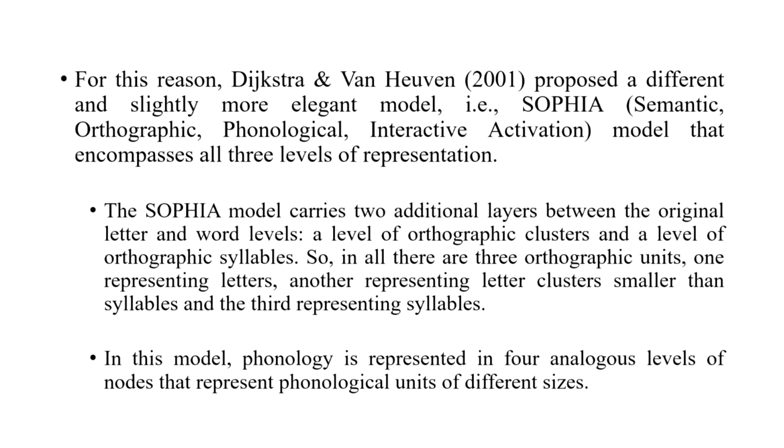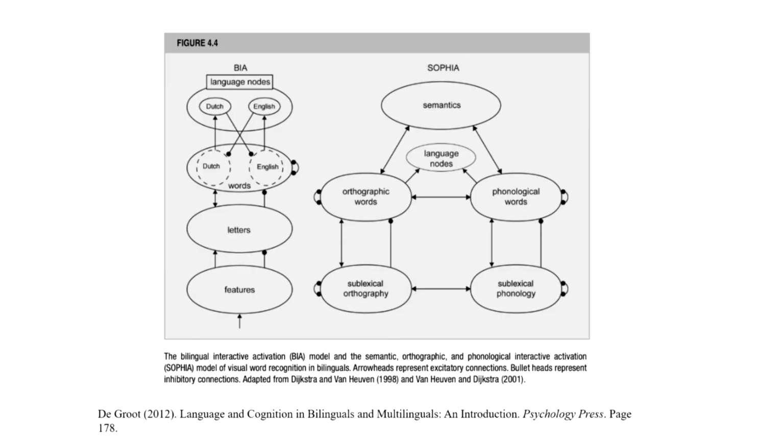In this model, phonology is also represented in four analogous levels of nodes that represent phonological units of different sizes. You can see here that you have sublexical orthography and sublexical phonology represented in this model, along with semantics and information about language nodes, which is much more detailed and nuanced than how it was done in the BIA model.